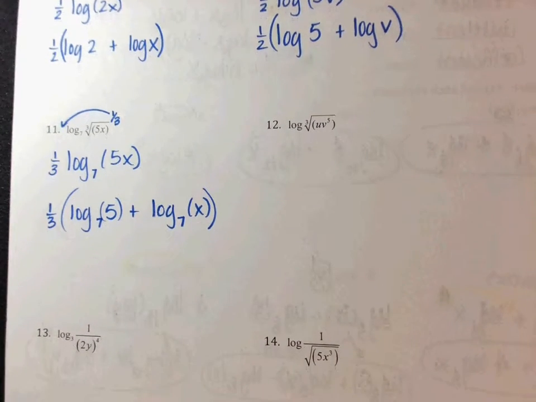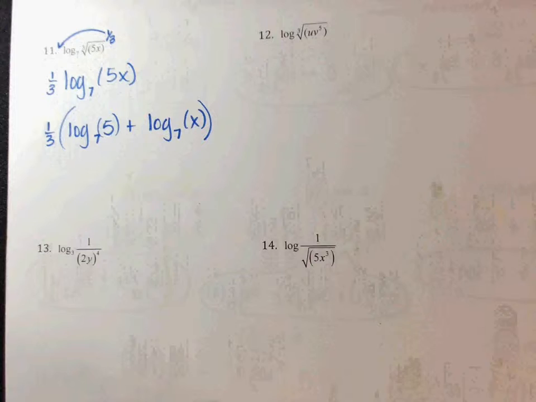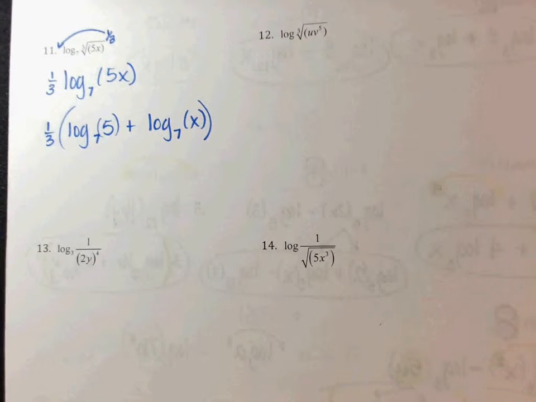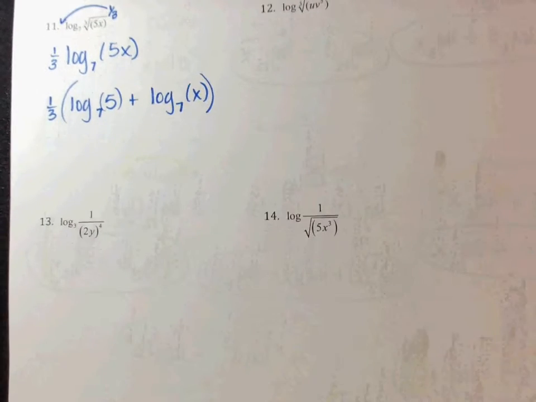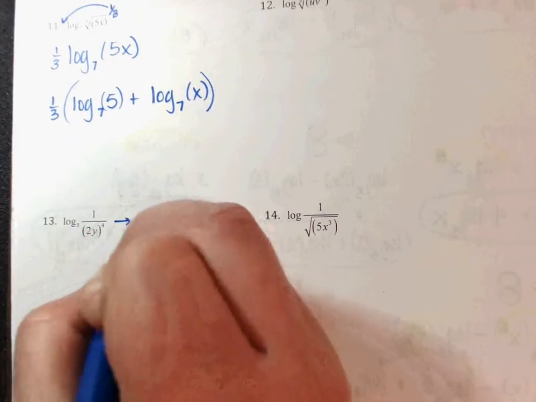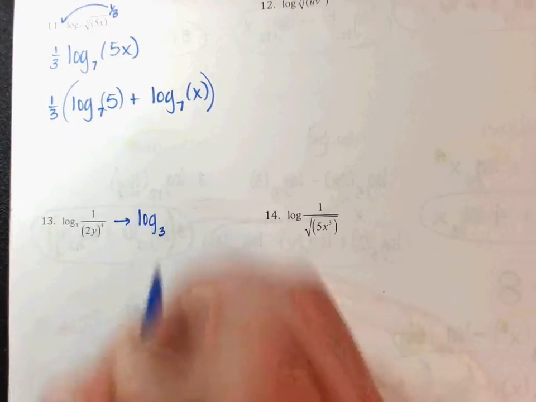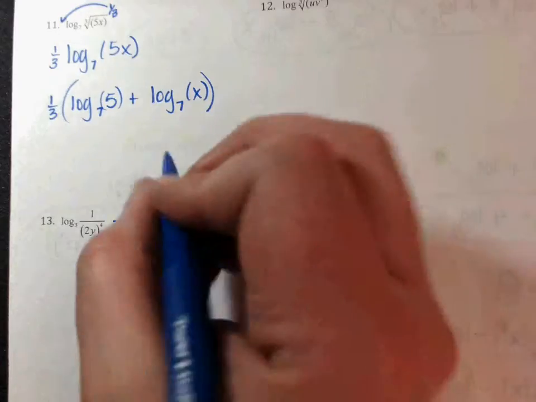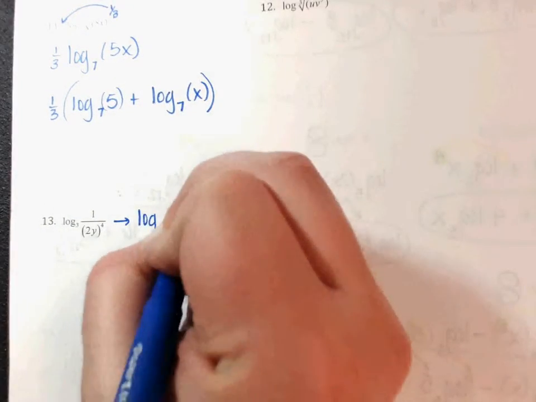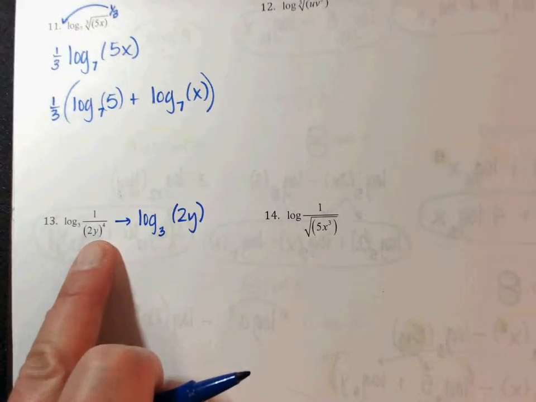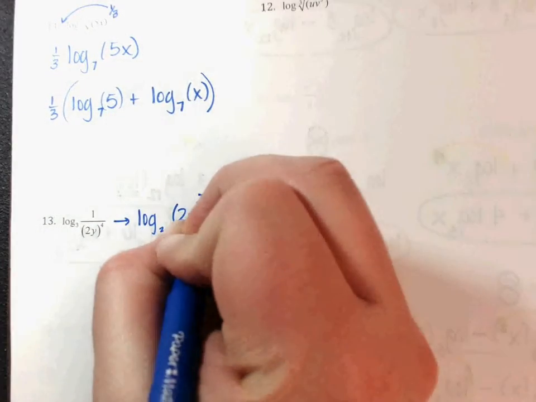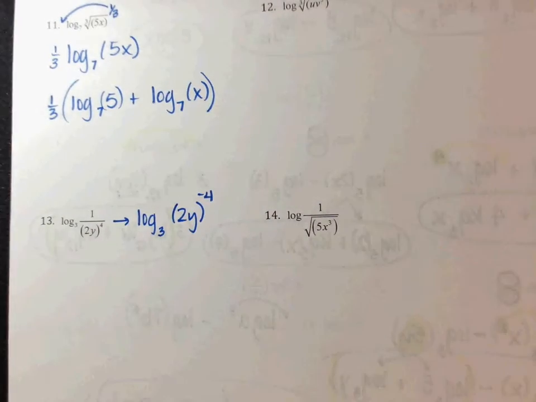Okay, we learned right before spring break, and also in our lesson yesterday, that when an exponent's on the bottom, what do you do to it? You turn it negative. Okay, so look at number 13. I'm going to rewrite this like this. It'll be log 3, and then I'm going to keep my 2y, but instead of keeping it on the bottom to the 4, I'm going to switch it to a negative 4.